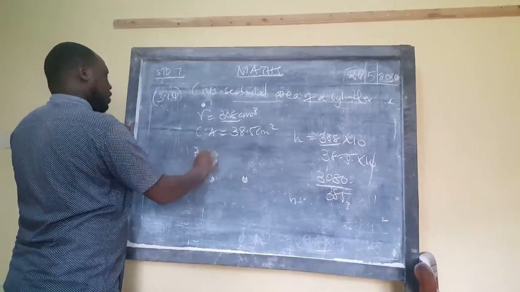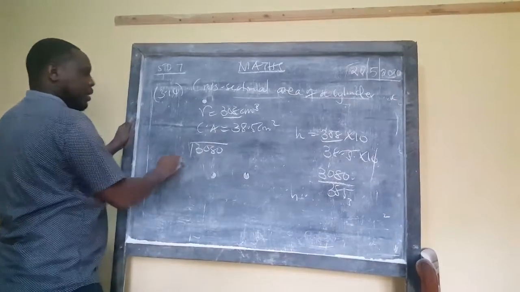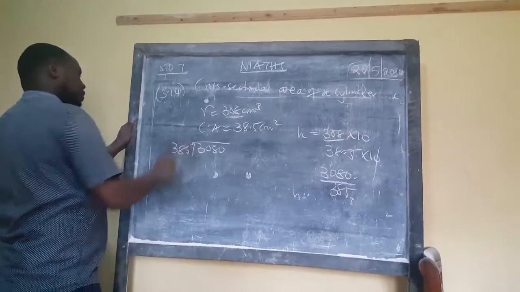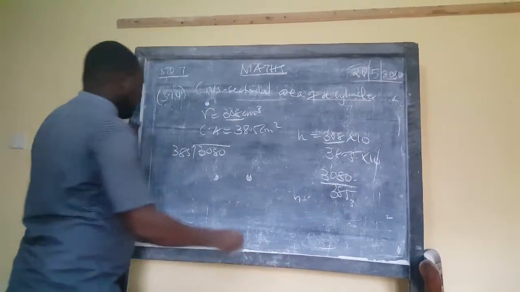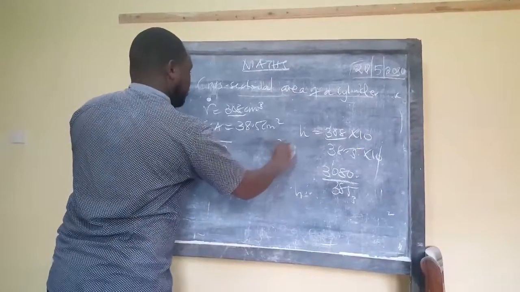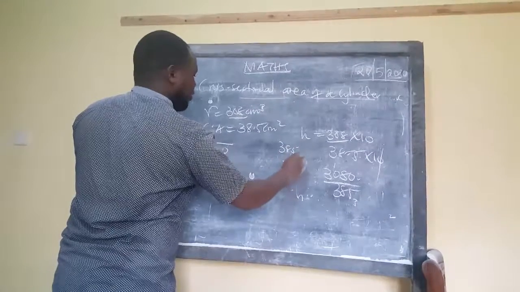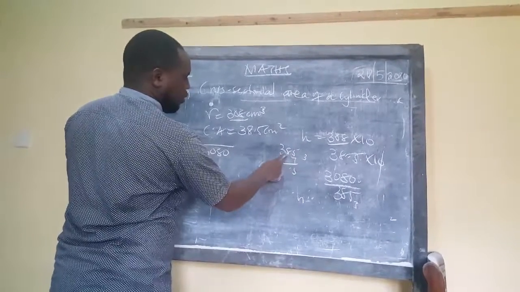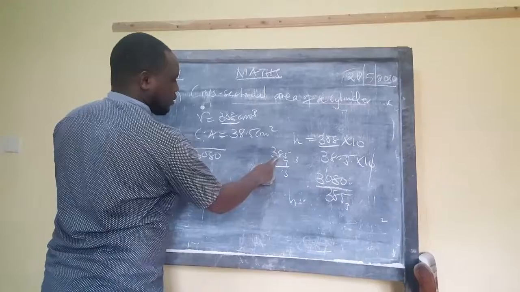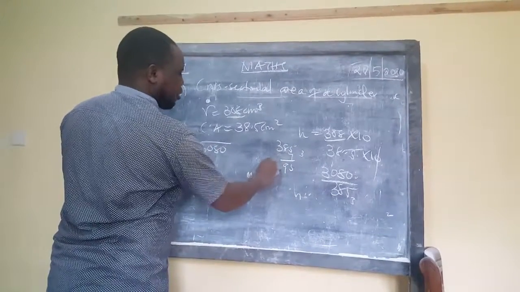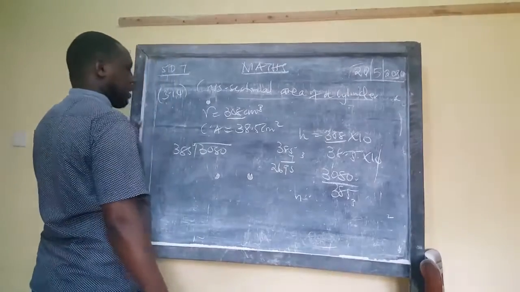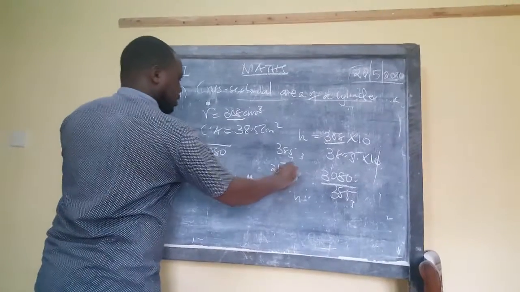So 3080 divided by 385. Let's try by 7. 385 by 7, get 5, 33, 56, 56 plus 3, 59, 35, 21, 26, 26, 95. That gives 2695.